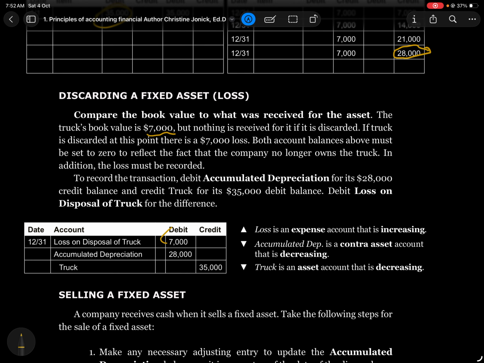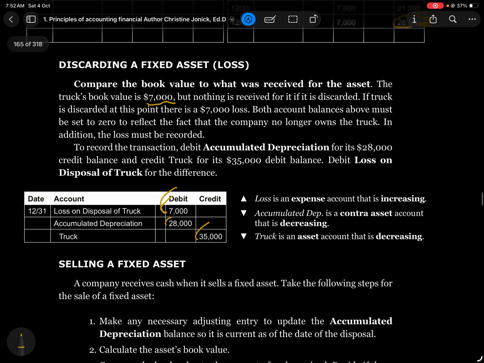So suppose we only received 28,000, right? In that scenario, what would we do? We would book a loss. Okay. So debit loss on disposal of truck, debit depreciation expense, right? Credit your truck. Why are we doing credit truck? Because we want it to be zero because the company no longer owns it, right?